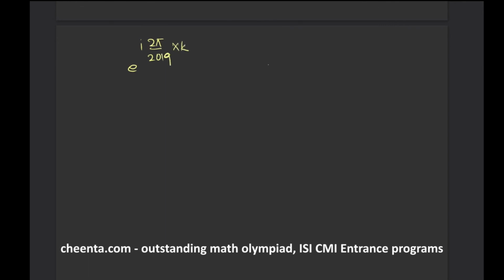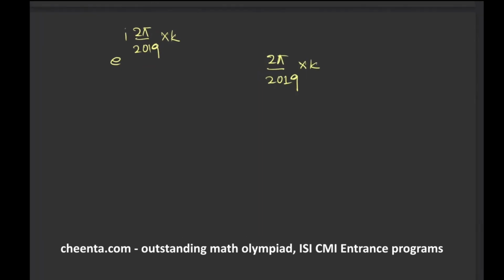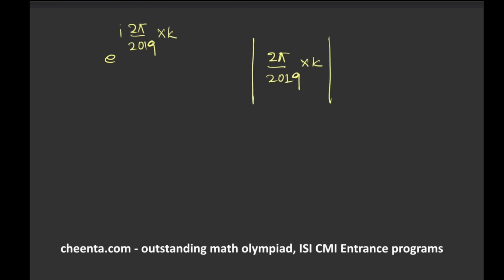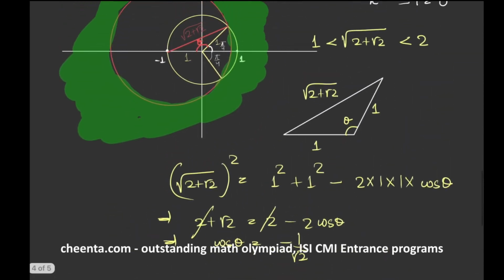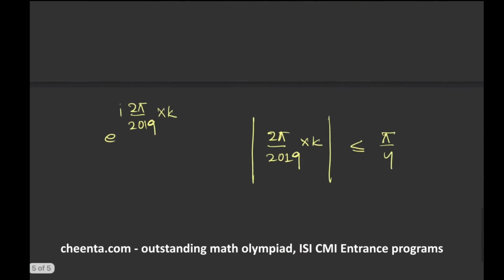And we recently concluded that this angle, 2 pi by 2019 times k, is actually less than or equal to pi by 4, as explained before, because these points have to lie in this arc to satisfy our given inequality.